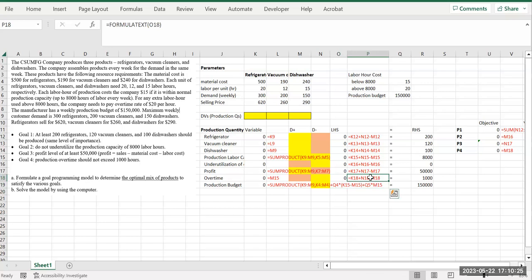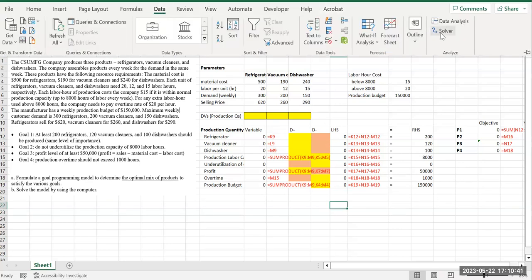All right. So let me take the left-hand side and the formula and everything. So it seems that we're all set and we took care of all the other constraints. So let's go ahead and solve this. Data tab, Solver.